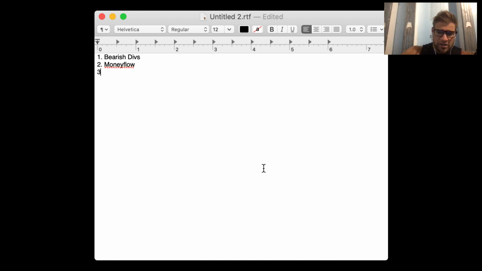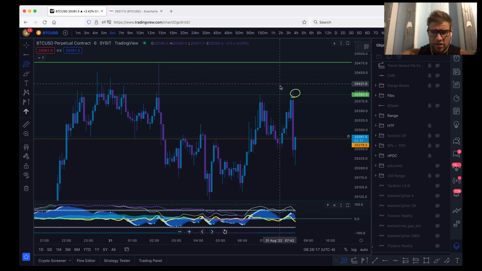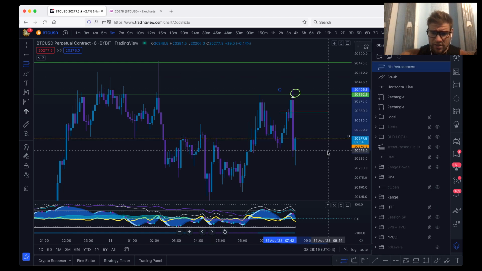Number three would be open interest. And I think if we have all three of these things, it can make for a very good trade setup. I just want to go over this in real time, right? Because it made for a nice quick little scalp right here.